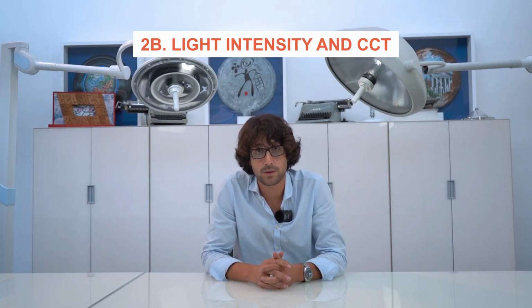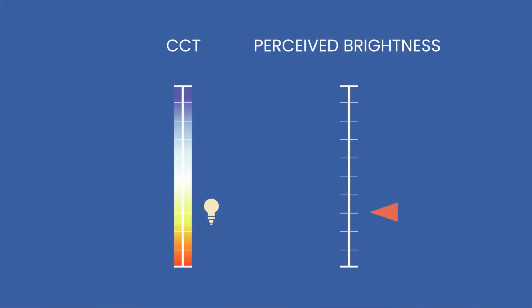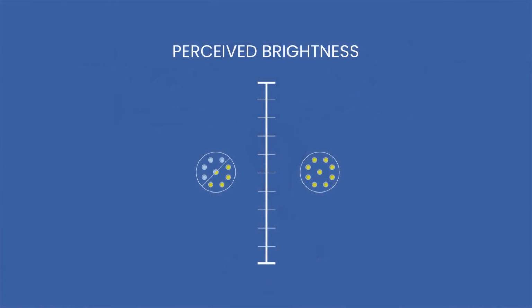Considering now the relationship between color temperature and light intensity, it is noted how the perceived brightness increases as the color temperature increases, and how it has been shown that LED lighting systems with mixed color temperature appear brighter than systems with fixed color temperature.